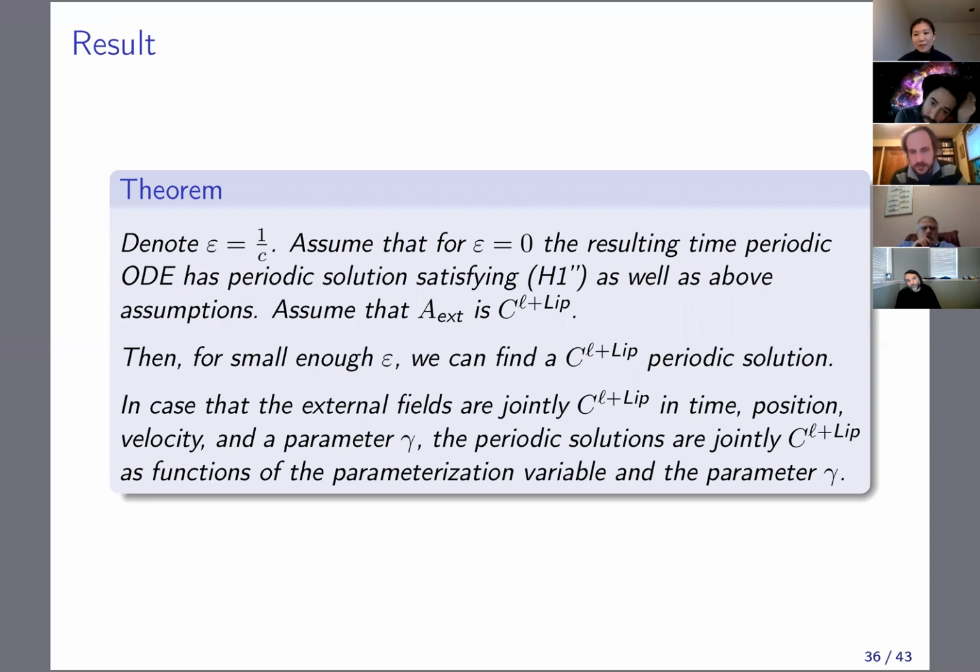Then under these assumptions, all the expressions Aij are going to be analytic. So we just need to assume the regularity on this external force field. And we have shown that if the perturbation is small enough, then we have a C^(l+Lipschitz) periodic solution. And there is also smooth dependence on the parameters.